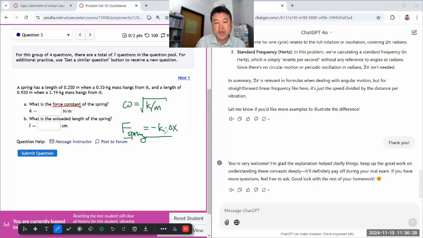And to answer part A, it's this second context that you have to remember, because so far they haven't given you any frequency information, but they have given you enough of the length information that can be connected to forces to make use of this.